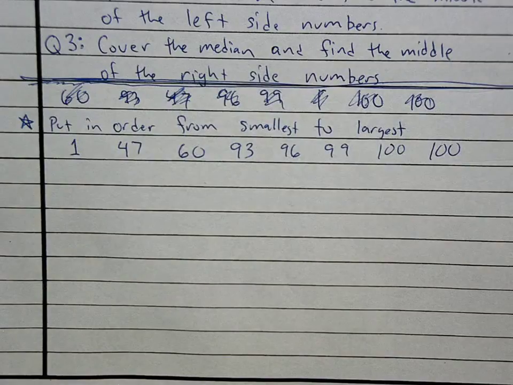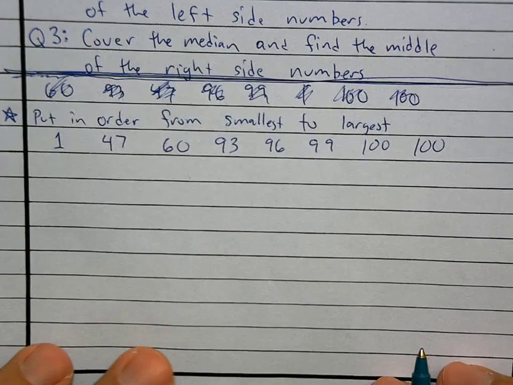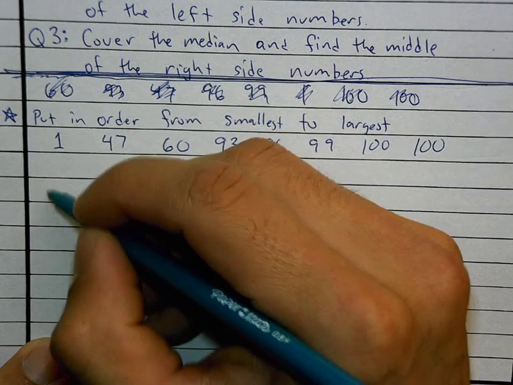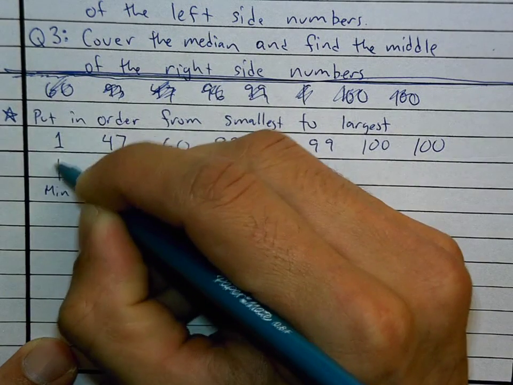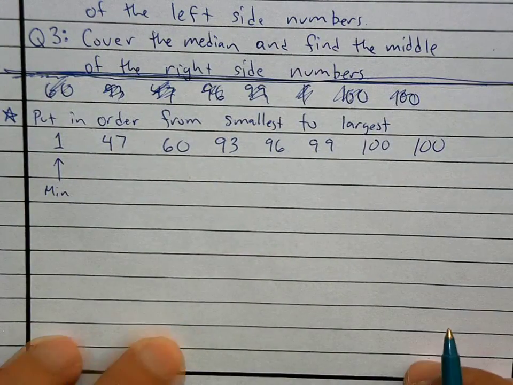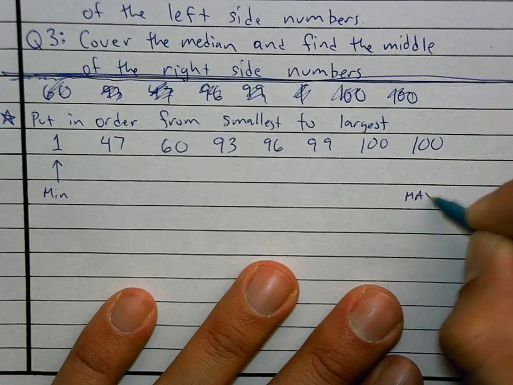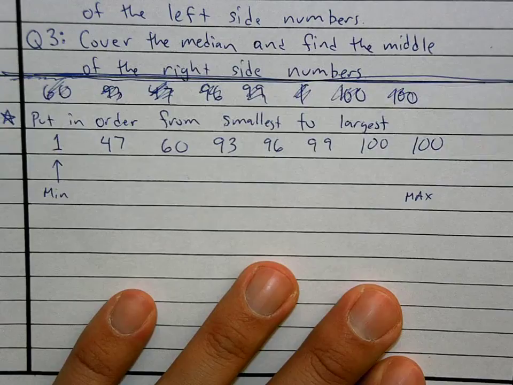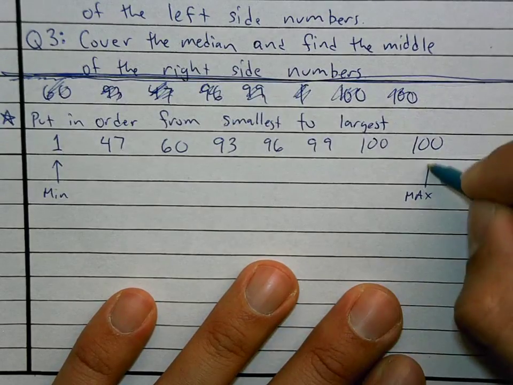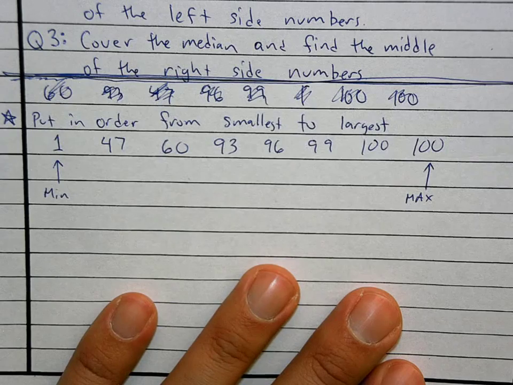You can right now figure out what your minimum is. Which number is your smallest number? So I put min right here. This is your min. You can figure out what your largest number is. What's your max? 100. Thank you. So this is exactly how we do it.